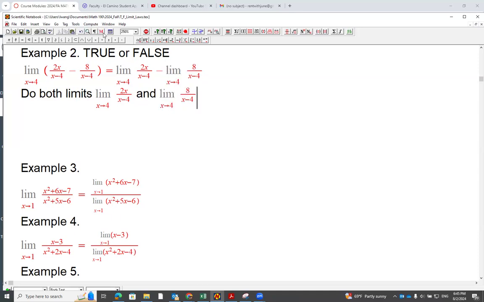If they don't, you cannot apply the limit law. So let's check it. Let's check this one first.